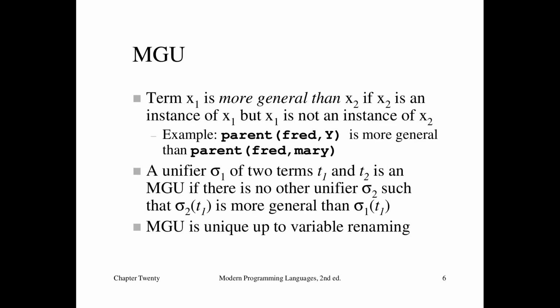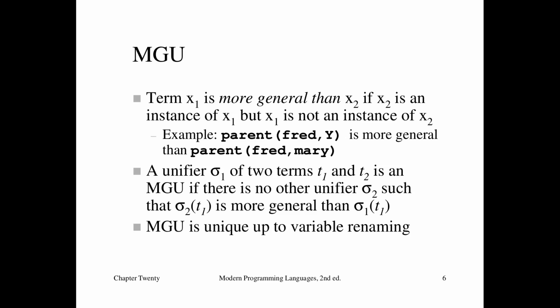We can say that term x1 is more general than term x2 if x2 is an instance of x1, but x1 is not an instance of x2. For instance, parent Fred Y is more general than parent Fred Mary, because parent Fred Mary is an instance of parent Fred Y, but parent Fred Y is not an instance of parent Fred Mary.